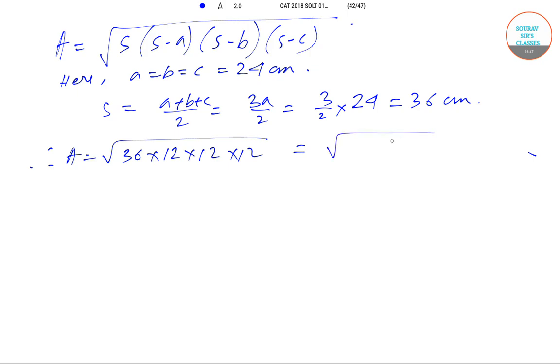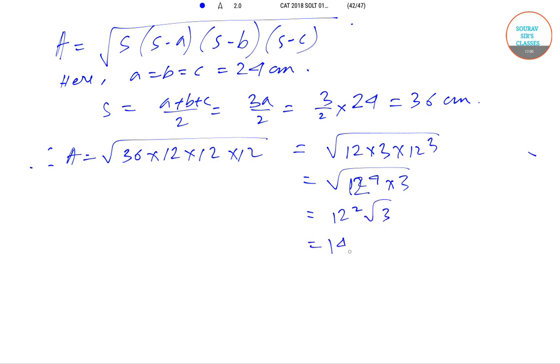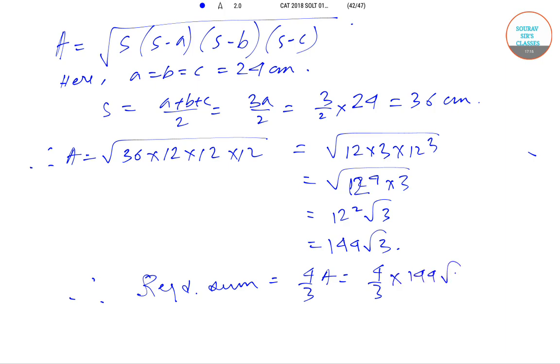So 36 we can write as 12 into 3, and we have 12 cube over here. So we have 12 to the power 4 into 3. So this will be 12 square into root over 3. 12 square is nothing but 144 root 3, and the value that we are looking for, the required sum, will be 4 by 3 into A, which will be 4 by 3 into 144 root 3.